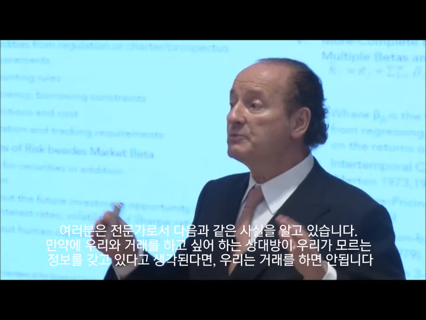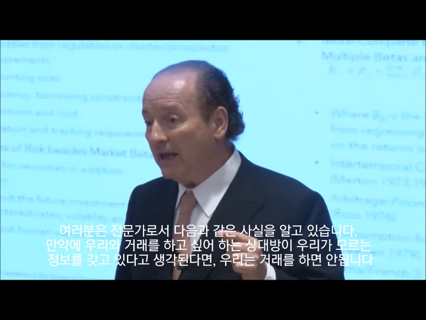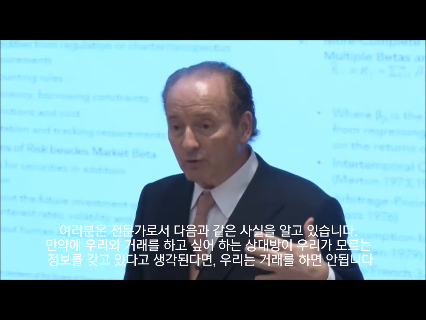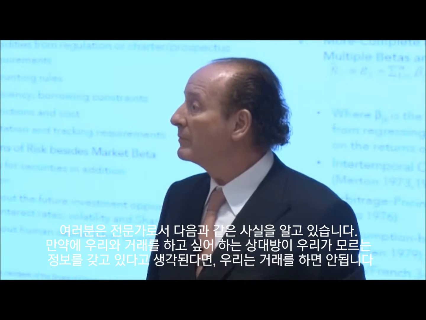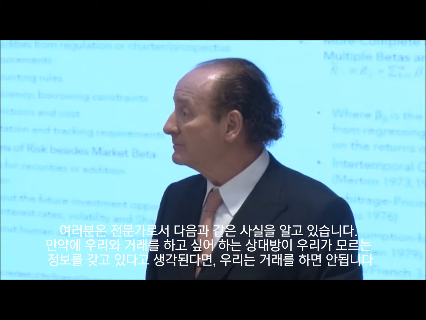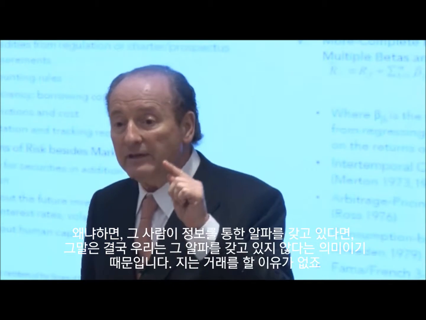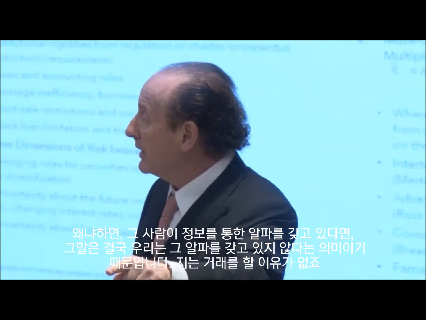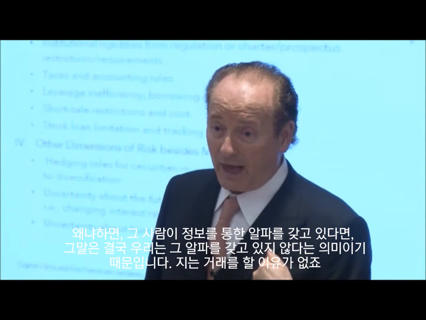And we know as professionals that if we think the counterpart who wants to trade with us has information, we would walk away from the trade if that's the reason we're trading. Because they may not have info, but if we think they do, they're going to earn an alpha. That means we're going to have a negative alpha. We don't want that.